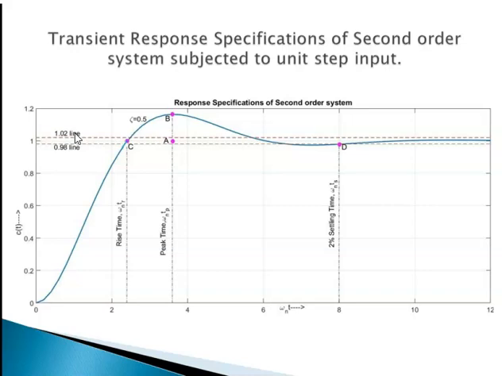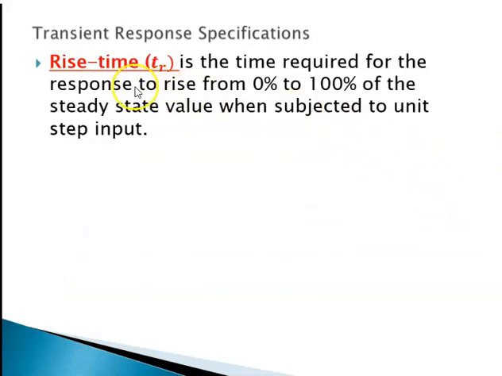So once the response comes to this point D, at which the settling time is Ts, then from point D onwards the subsequent portions of the response always lie in between these two lines.